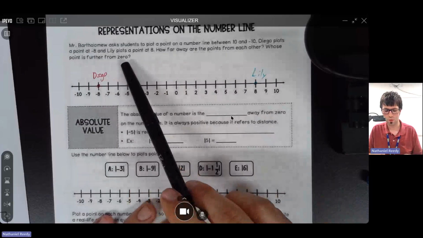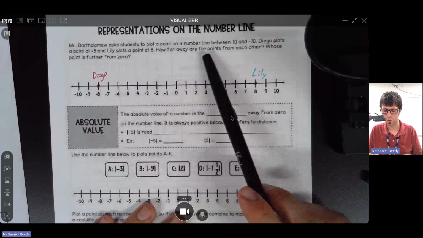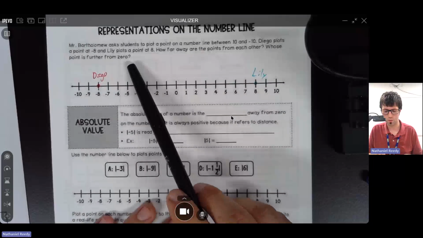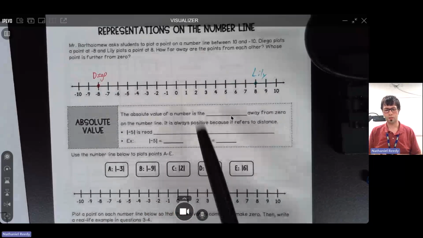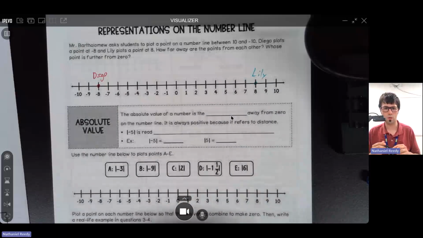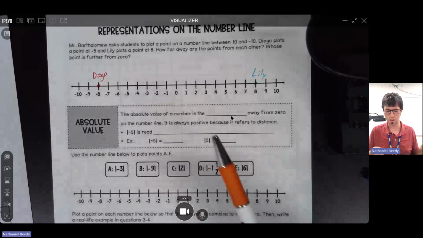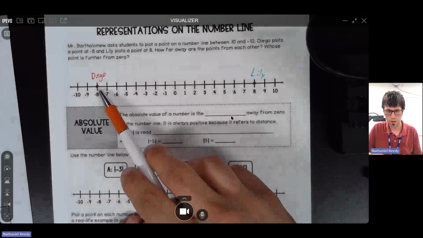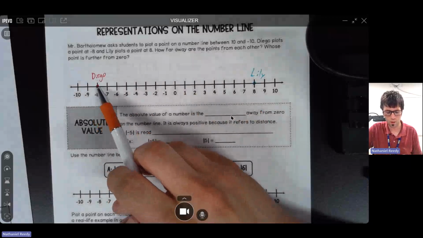Whose point is further from 0? Or sorry, how far away are the points from each other? Whose point is further from 0? So to answer the first question, how far away are the points from each other? We're going to learn how to do this quickly when we subtract positive and negative numbers. But for now, we're just going to count the distance between Diego and Lily's point. So here are negative 8.